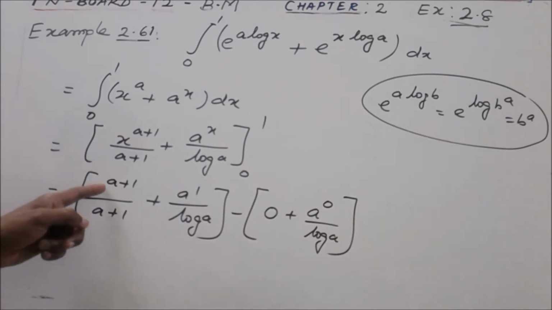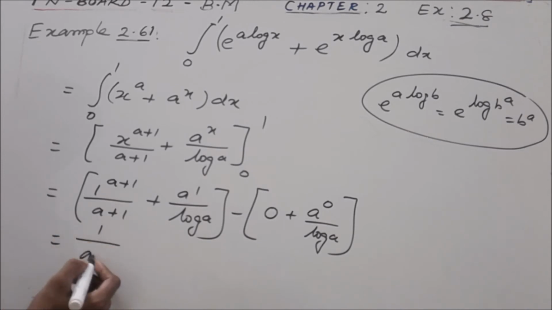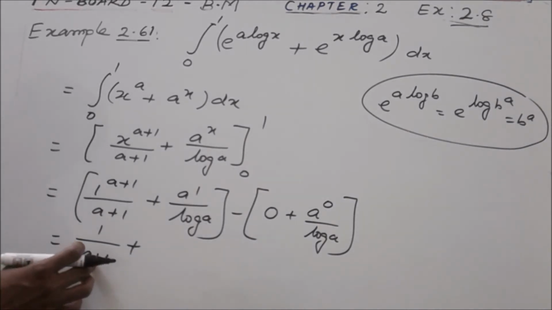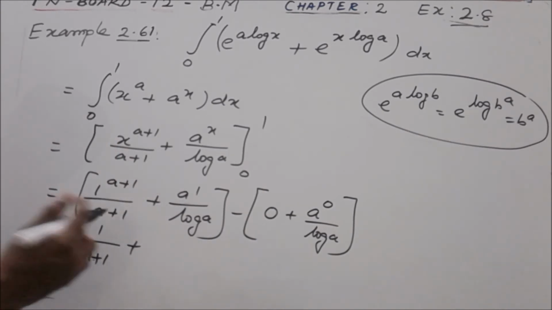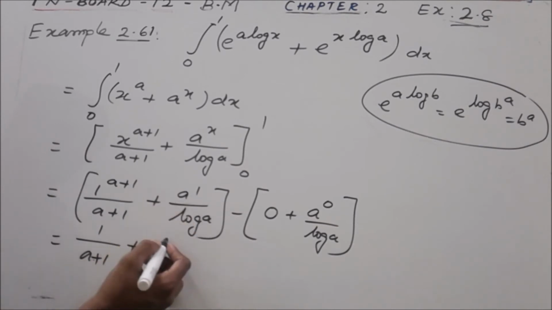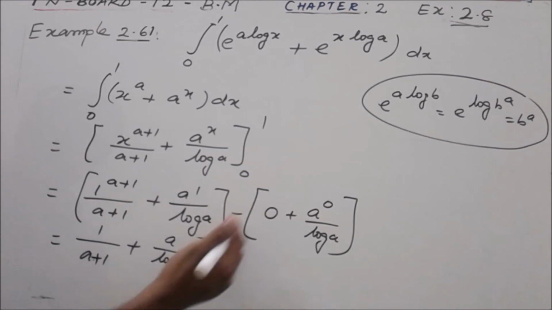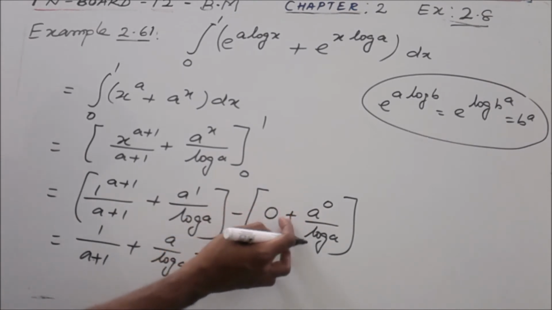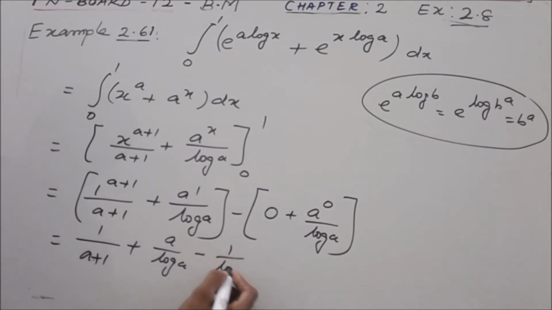Now, this is 1 by a plus 1, because 1 power anything is 1, plus, but 1 power infinity is indeterminate. Here 1 power a constant finite value is 1, plus a by log a, and then minus, plus into minus gives minus, a power 0 is 1 by log a.